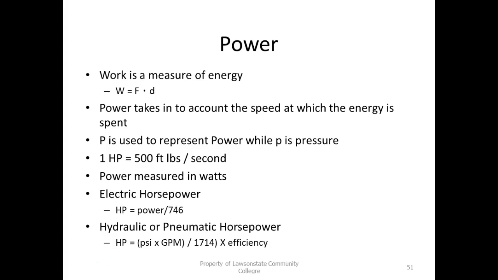So horsepower would be equal to PSI times the gallons per minute. So that's the same as in electricity. We use force, which is voltage, times our current. Here they're using pressure, which generates force, times the speed. Same thing, right? And then we do what? Then we divide that by 1714.